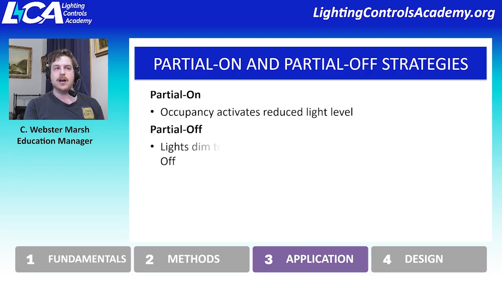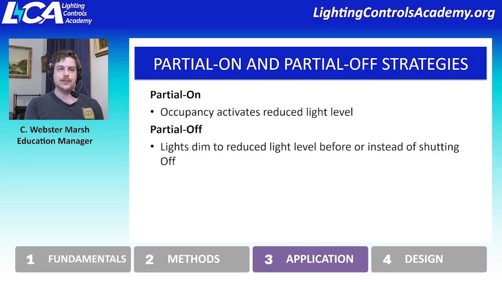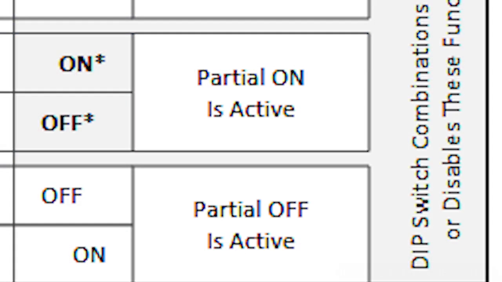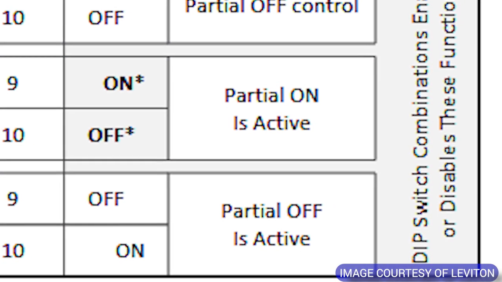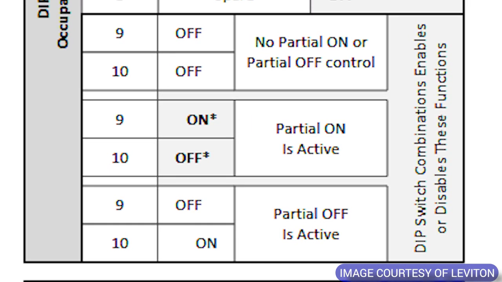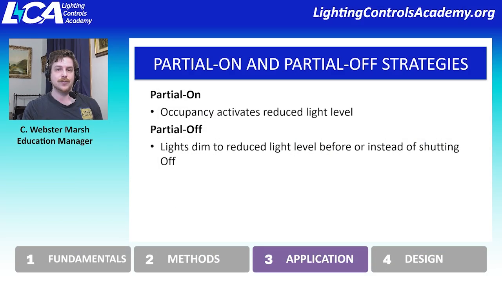And then partial off is where the lights are going to go to a reduced level before or instead of shutting off. So you might have, for instance, a stairway that never turns the lighting completely off for safety purposes, but it might reduce how much light is in that space when there's no movement detected. That way you still have safety covered, but you also are saving energy at the same time.